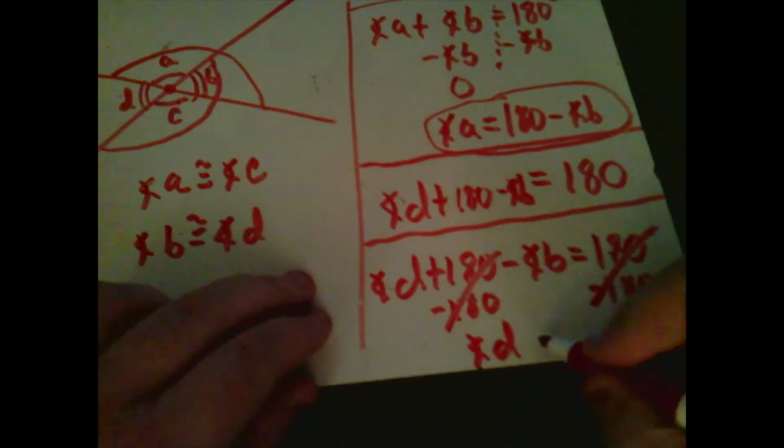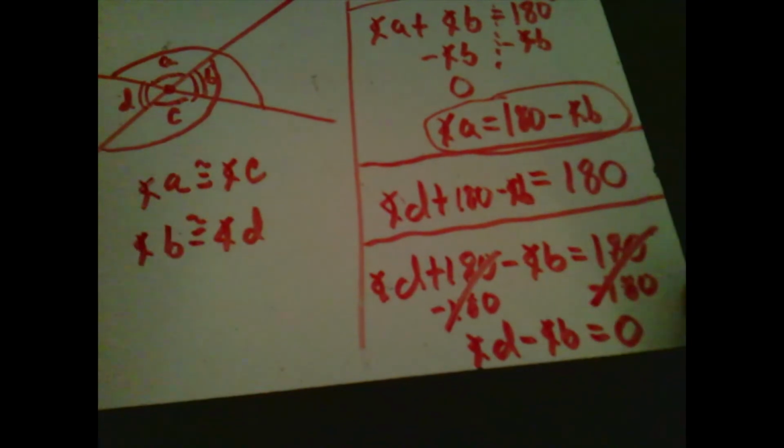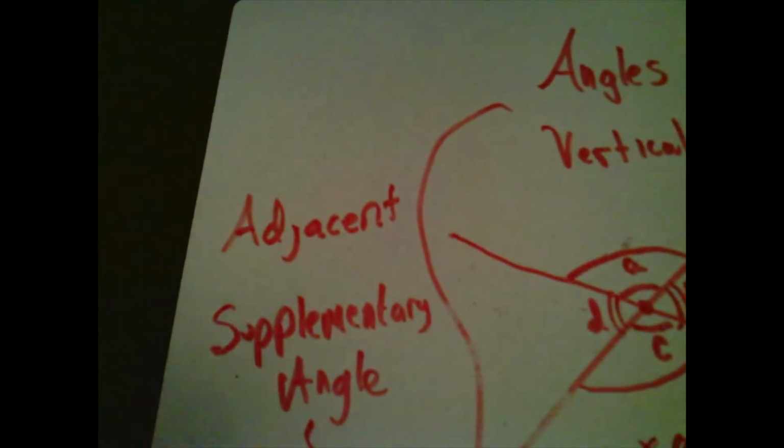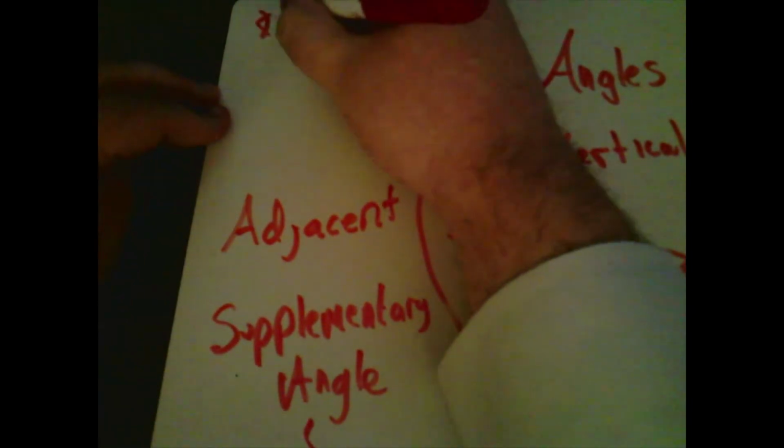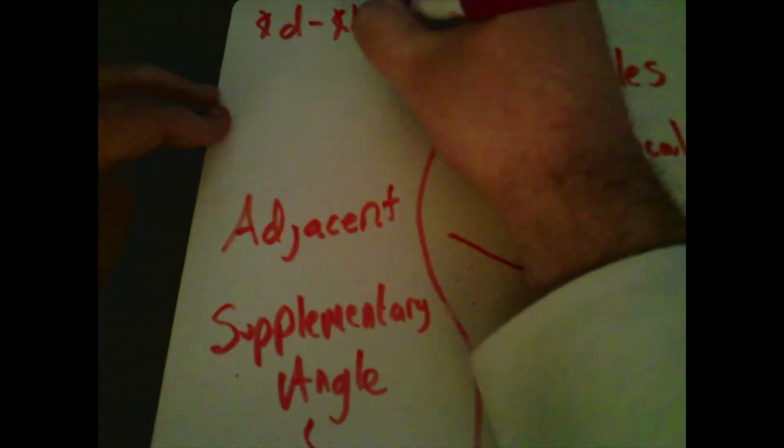Angle D minus angle B equals 0. Can you see the last step? Let's bring it over here. Angle D minus angle B equals 0.